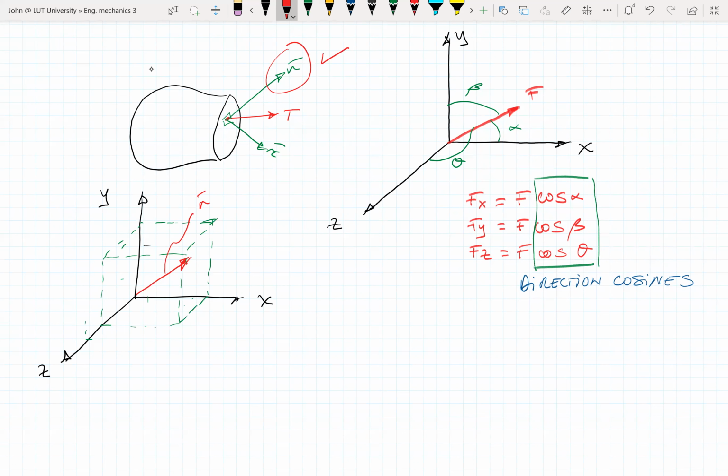I want to see how this vector n can be represented in terms of the Cartesian coordinate system. And this is going to have three components here. Nx. This one here is going to be Ny. And this one here is going to be Nz.